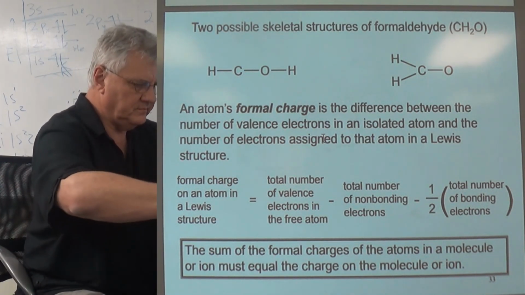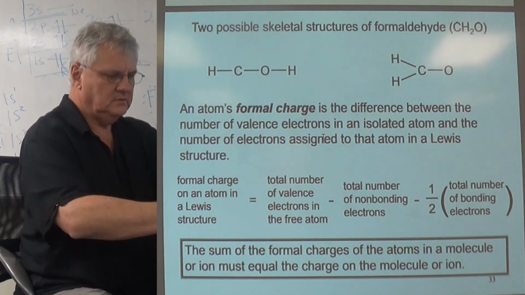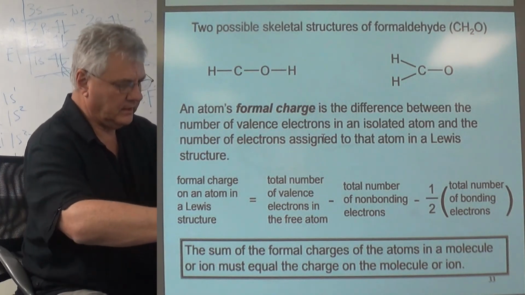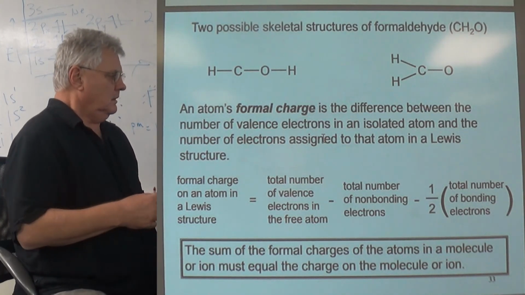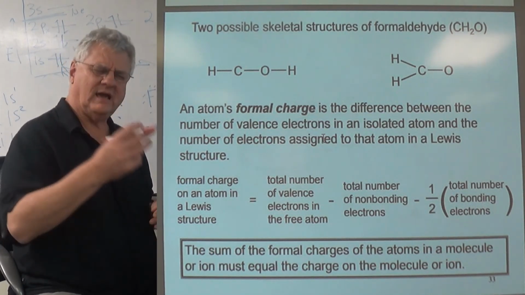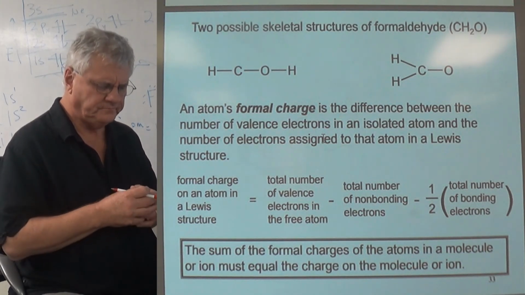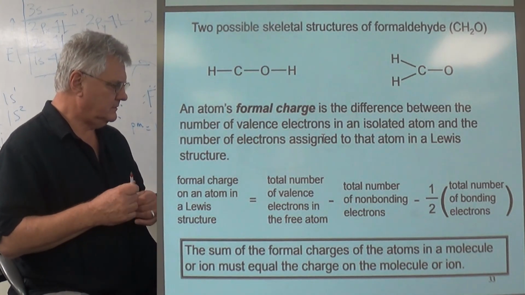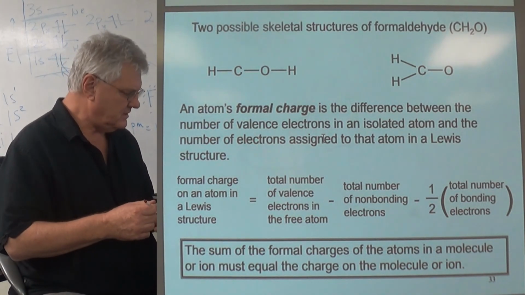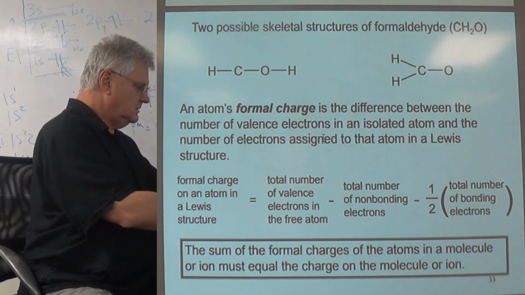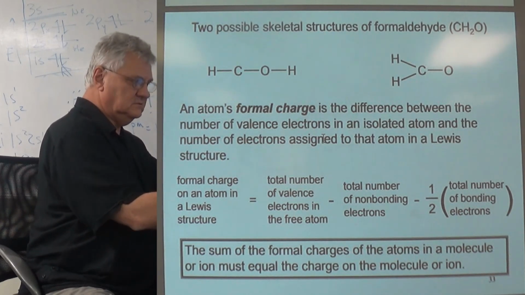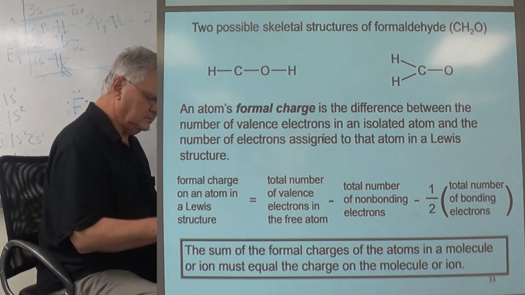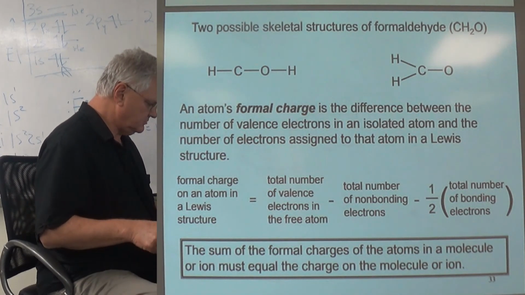Or oxygen usually forms 2 bonds, what if it has 3, and so on. It's as if one of the atoms within the molecule has a charge on it when it has a different number of covalent bonds than what is typical. And we'll look at a number of examples of that next time too.